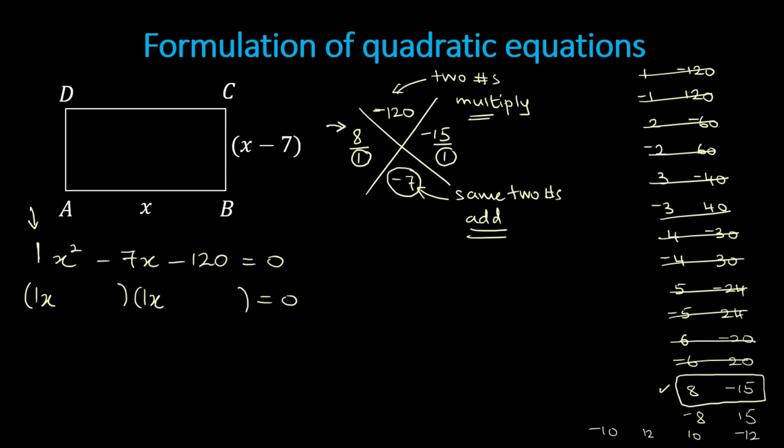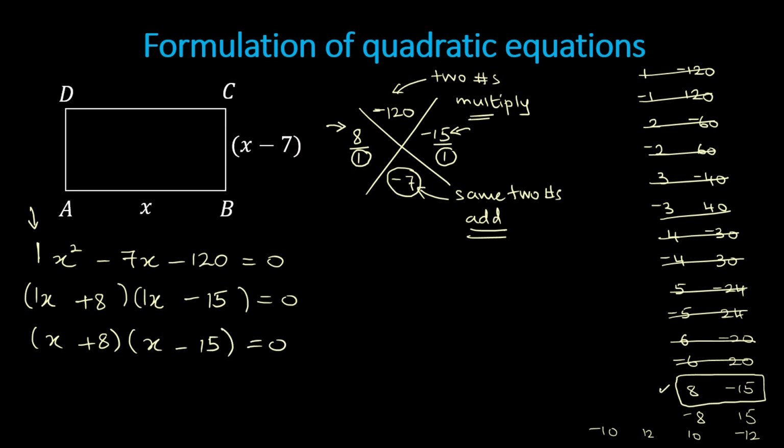Then we insert the first numerator, it is positive 8. The second numerator, negative 15. So we are almost here. This is simply x plus 8 times x minus 15 equals 0.